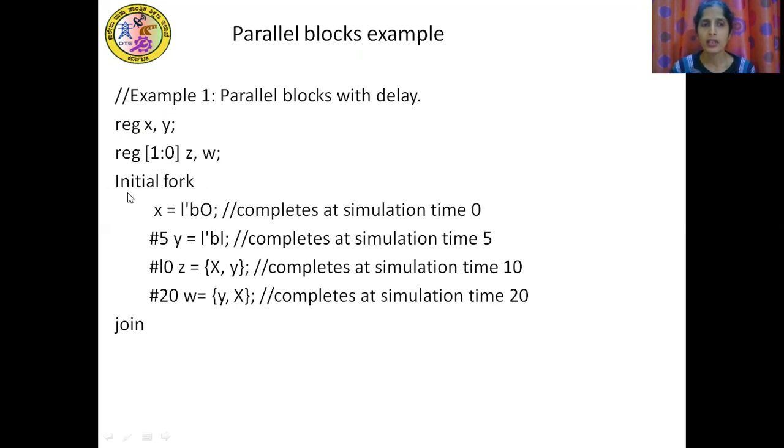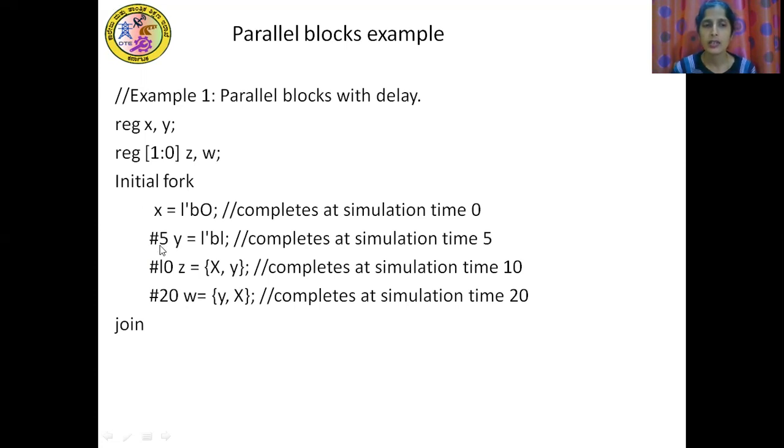Here we can see that the statements are enclosed within the keywords fork and join, and hence the statements constitute a parallel block. The first statement is X equal to 1-bit binary 0, and the following statements are associated with a delay of 5, 10, and 20 time units respectively.